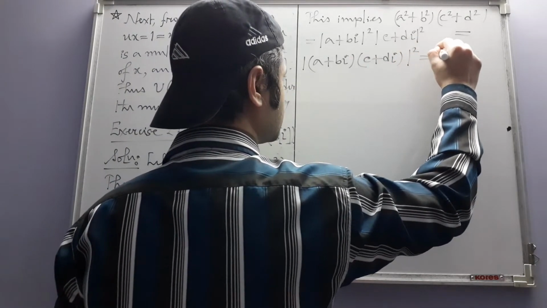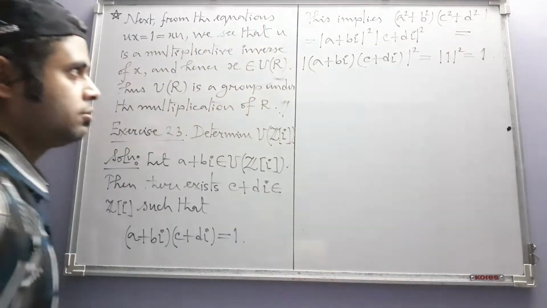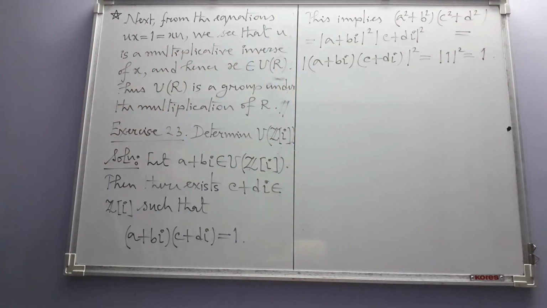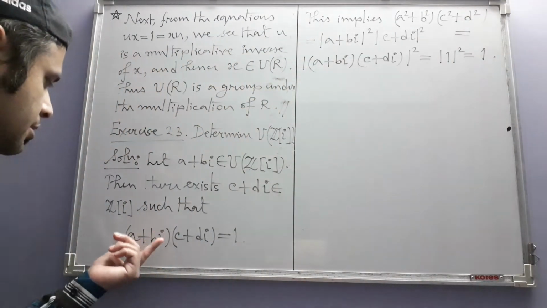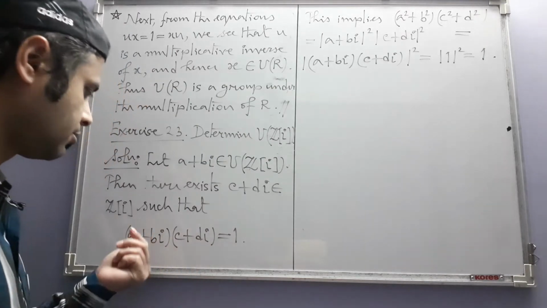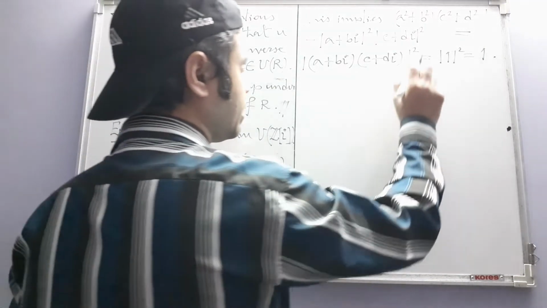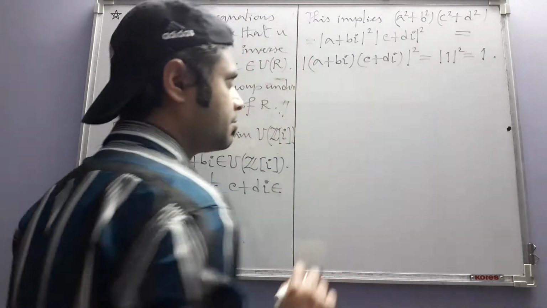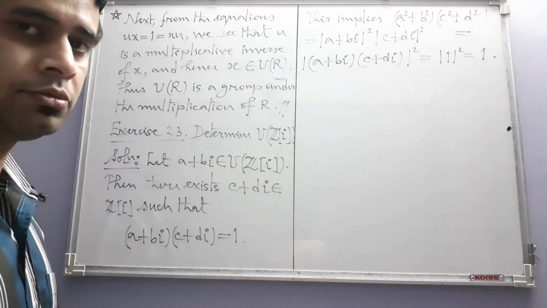And this for us is 1. Now note that because these are Gaussian integers, A, B, C and D are ordinary integers, and as such A square plus B square and C square plus D square are non-negative integers.